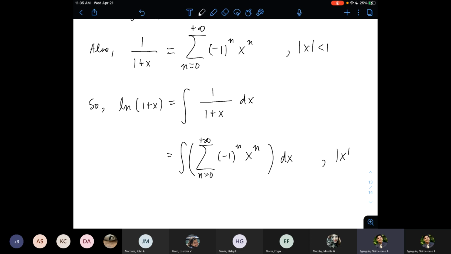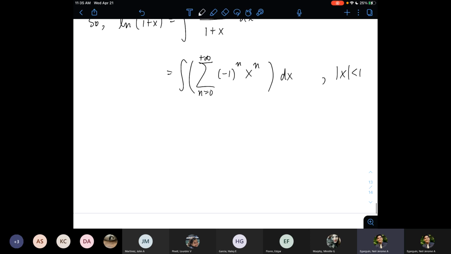And again, this is true for all x's whose magnitude is less than 1. As long as the magnitude of x is less than 1, this series is absolutely convergent. And absolute convergence allows us to interchange the order of the integral and the sum. So instead of integrating a sum, we can sum up the integrals.